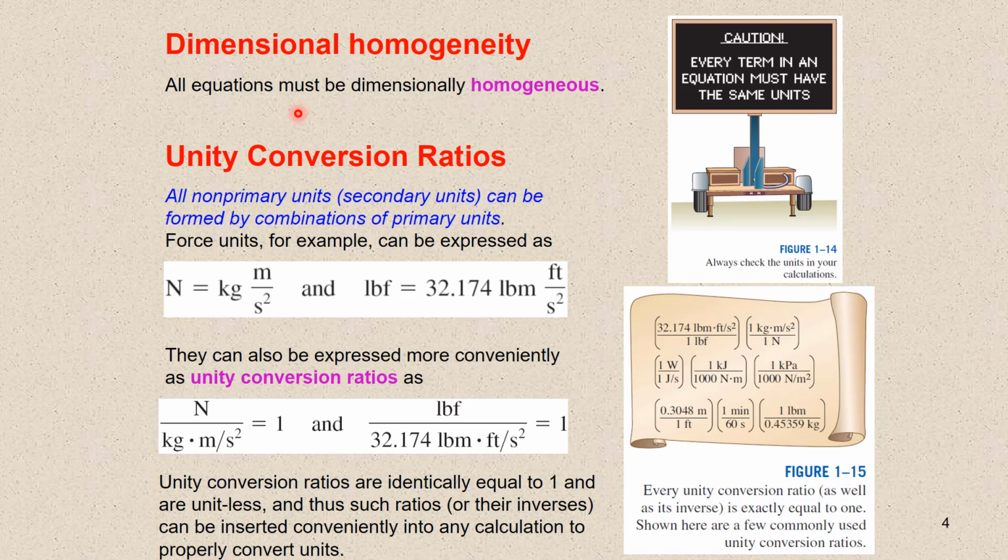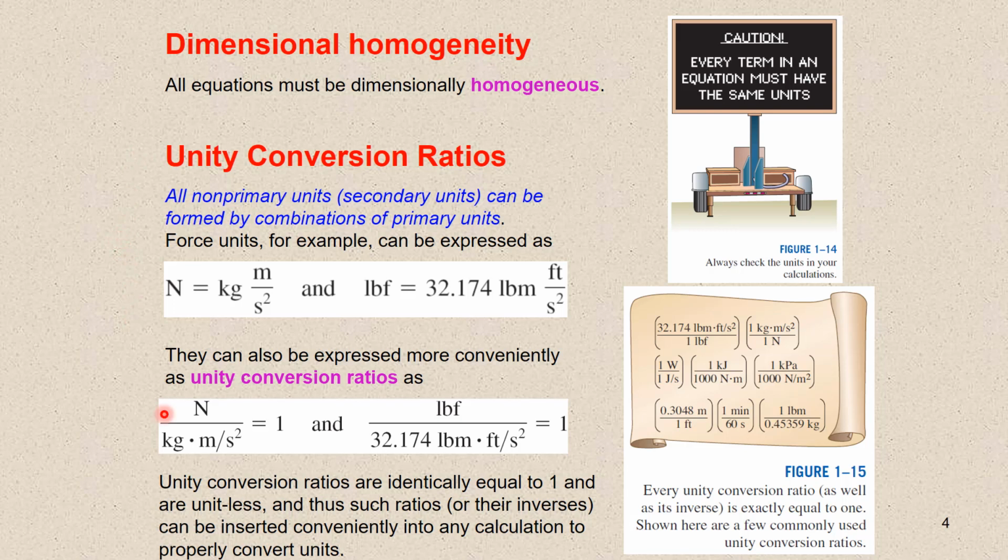Now let's look at what unit conversion ratios are. Just as all non-primary dimensions can be formed by suitable combinations of primary dimensions, all non-primary units, also called secondary units, can be formed by a combination of primary units. Force units, for example, in SI can be expressed as 1 Newton equals 1 kilogram meter per second squared.